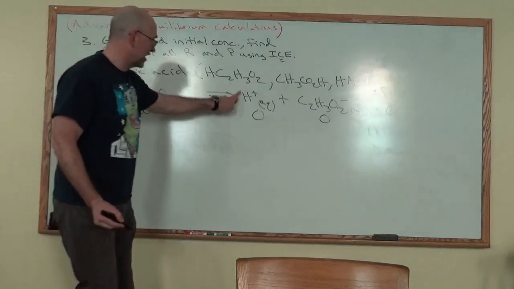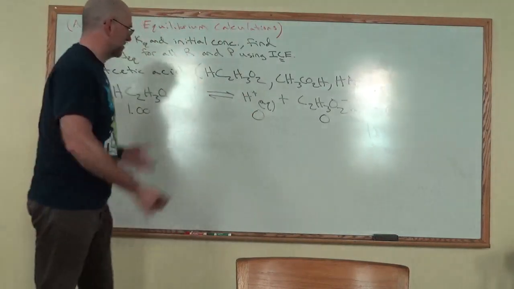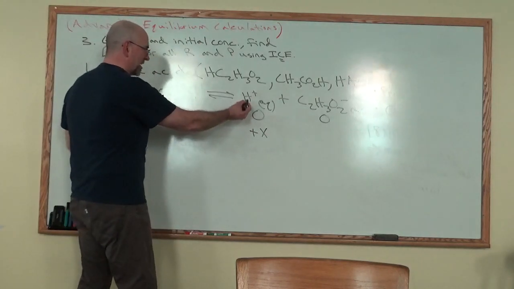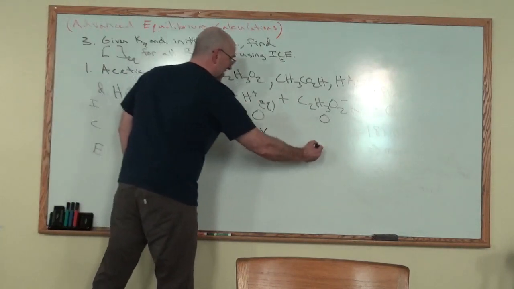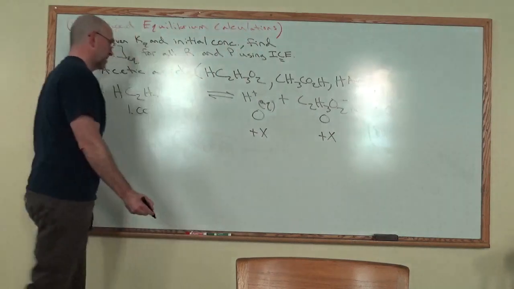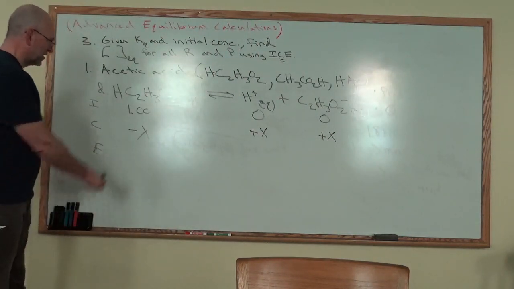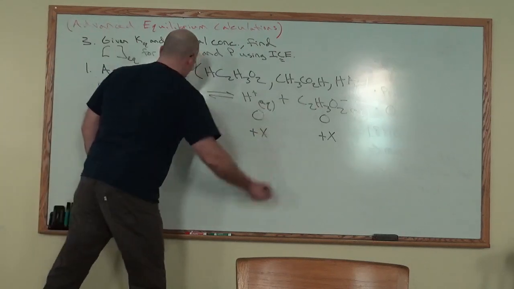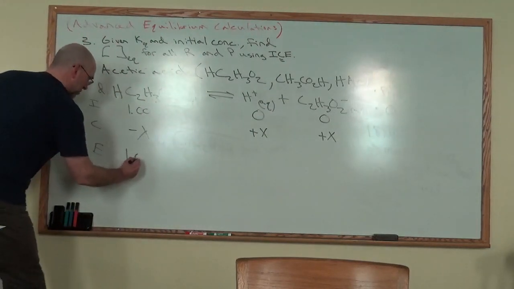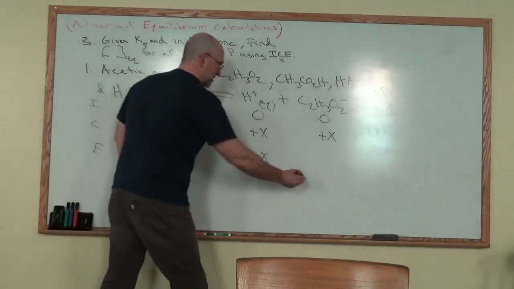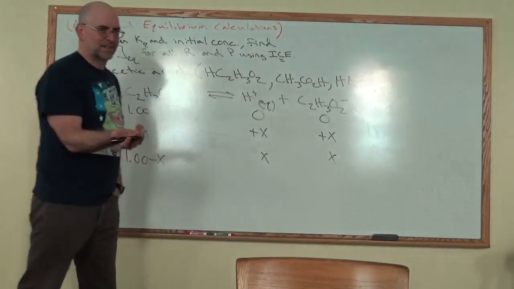Every coefficient here is 1, so this one's pretty easy. This is going to go up by x. Every time we make an H+, we make the exact same amount of acetate. That's going to be plus x. And this is going to be minus x. Then you just add the columns up. So this is equal to 0 plus x. Well, that's pretty easy, isn't it?